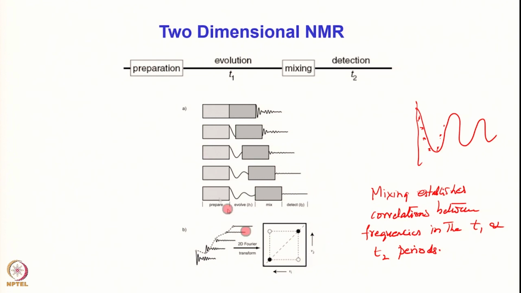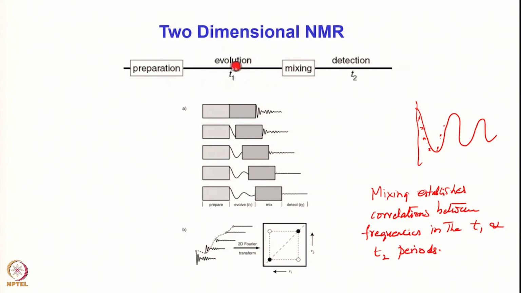Whatever frequency is present during the T1 period will appear along this axis; whatever frequency is present during the T2 period will appear on the nu2 axis. Therefore I have generated 2 frequency axes by doing this trick.